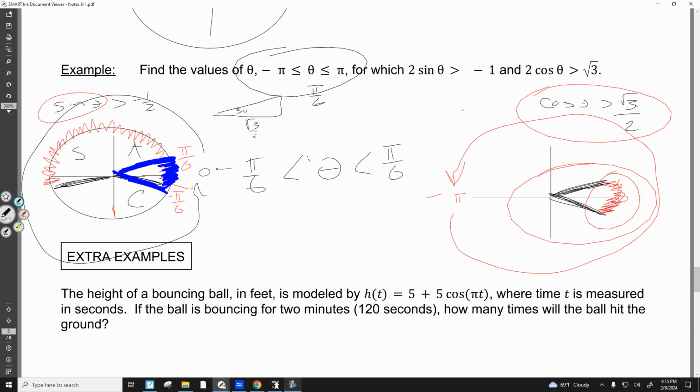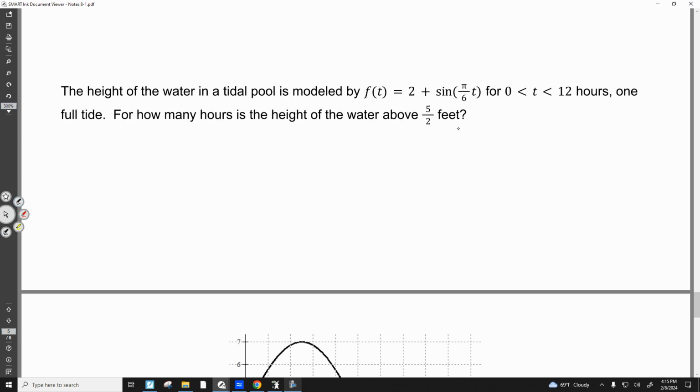Cool. Now, there will be some real world examples. Like we just modeled a bunch of stuff last unit. Well, I'm going to ask you questions about the stuff. Here, we got an interval 0 to 12.